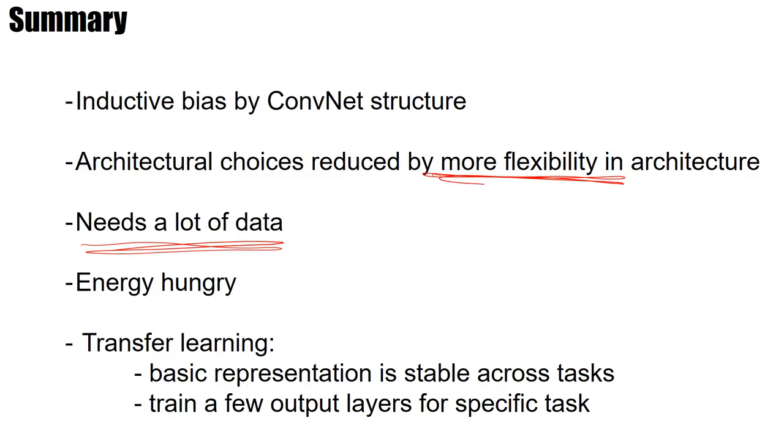Try to use transfer learning if you are concerned about energy usage. Well, transfer learning is based on the idea that the basic representations in the first few convolutional layers are stable across different imaging tasks, and therefore you only need to train a very few output layers very close to the output for the specific task at hand.